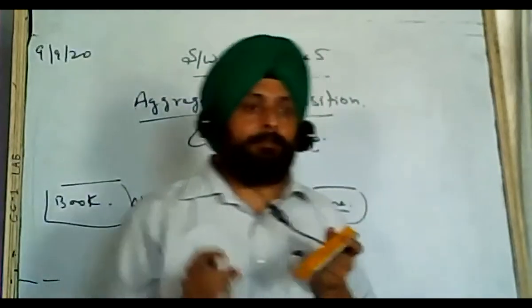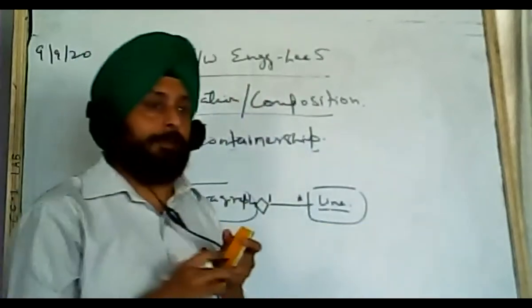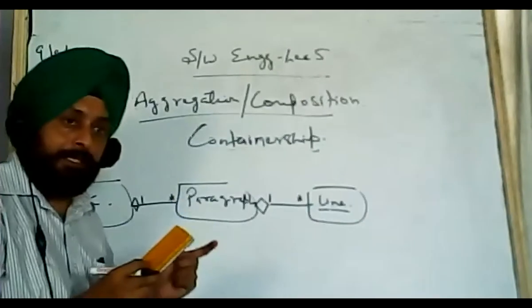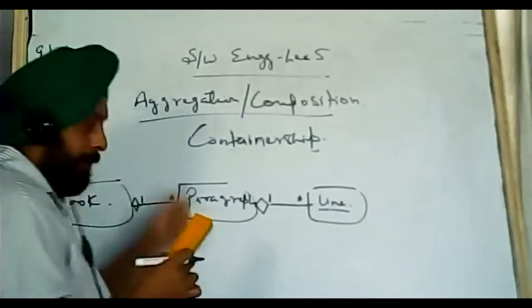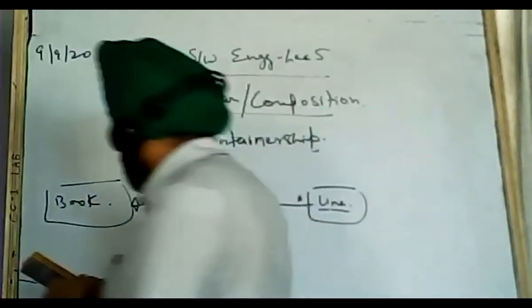So we have done the first type of relationship as inheritance, a relationship between two classes or the instances of two classes. Second was the association. Third is the aggregation. And the fourth one is dependency.